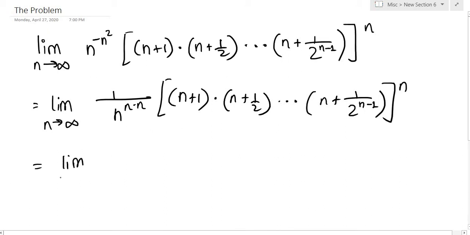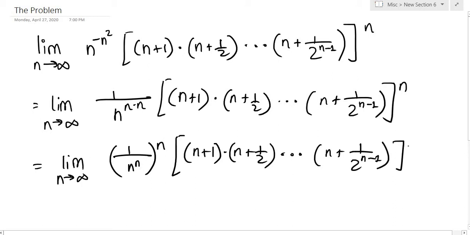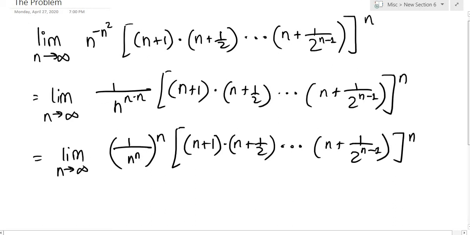Well, we can do one nice thing over here. We can have 1 over n to the n, that's raised to the nth power, and then everything else just remains the same for now, n plus half dot dot dot n plus 1 over 2 to the n minus 1 raised to the nth power.